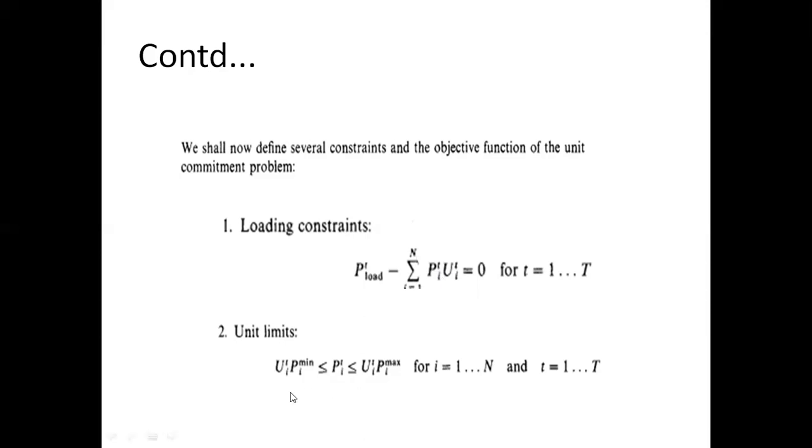Unit limits: U_it P_i minimum is less than or equal to P_it, which is less than or equal to U_it P_i maximum, for i equal to 1 to N, that is the N number of units, and the time period t equal to 1 to T, where T is the total time period. So these are the unit limits.